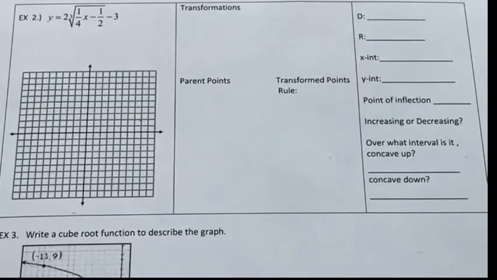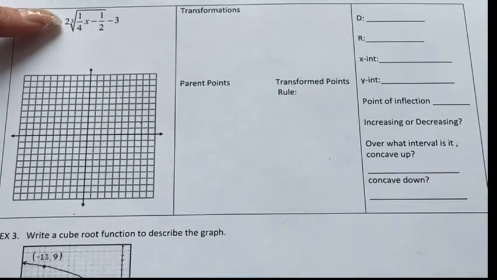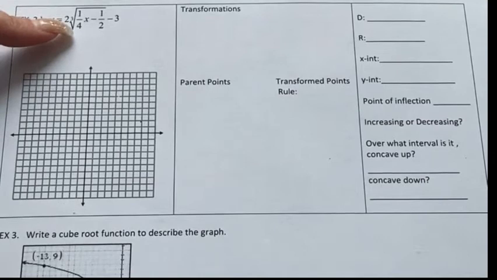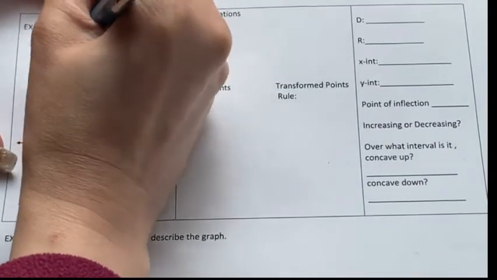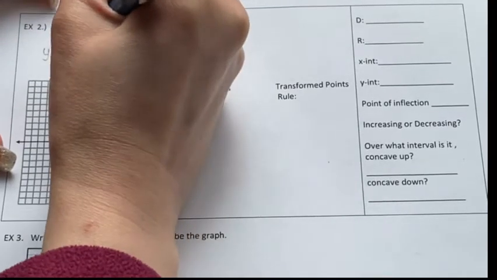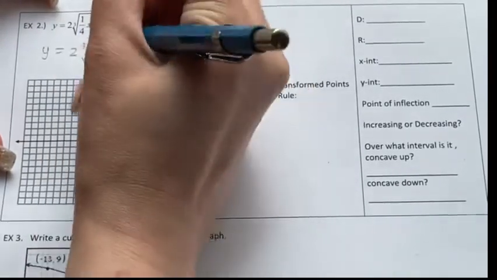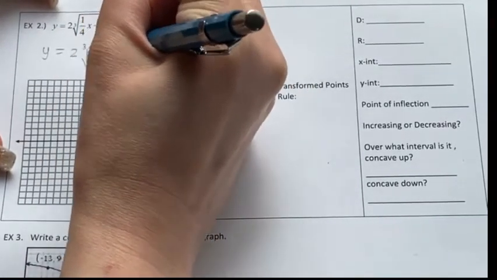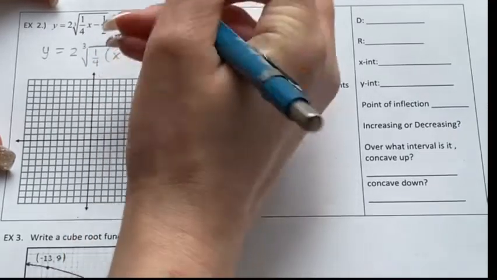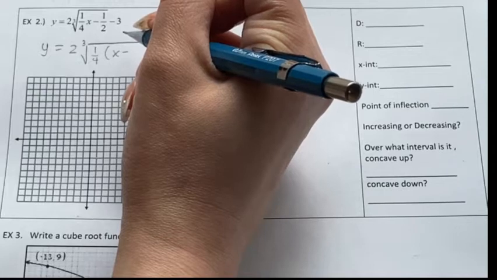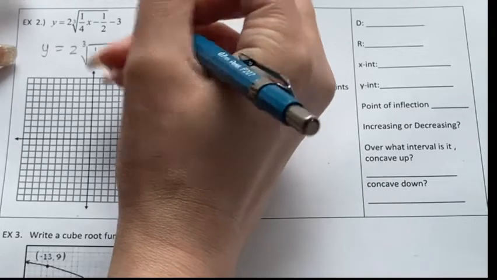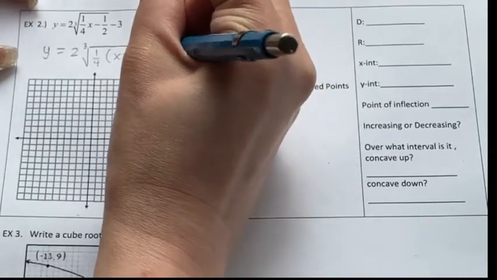Okay. So for this problem, the difference is that I need to take out the common factor inside the cube root. So I would rewrite it like y equals 2, and then you have the cube root. I'm going to take out the 1/4, so you have x minus, and then that one is going to be at 2.